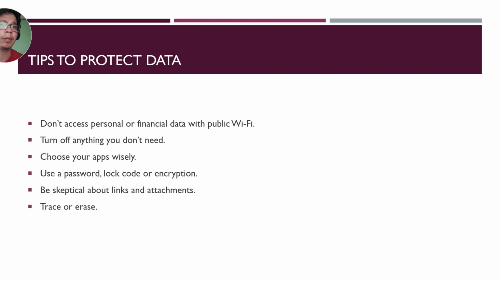Now, be skeptical about links and attachments. When we use our mail, make sure that we don't click on links or open attachments. We try to check the sender, if it's really a valid, trustworthy sender. An example would be checking their domain. Say we're working with BPI, and they send out an email asking us to check on our password.